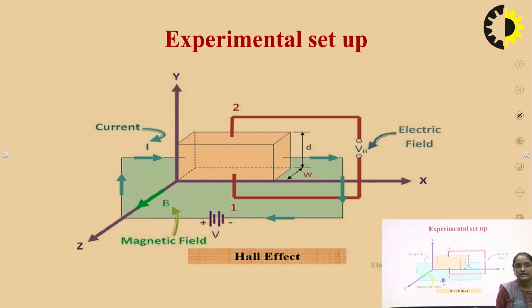If electrons are accumulating at one side of the semiconductor, then we say it is an n-type semiconductor. So this is all about the experimental setup that we use to determine the Hall voltage across the semiconductor bar, and particularly to determine the nature, whether it is p-type or n-type.